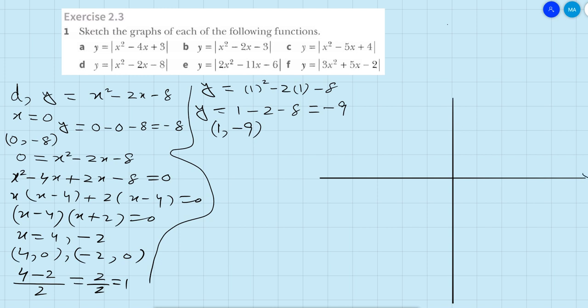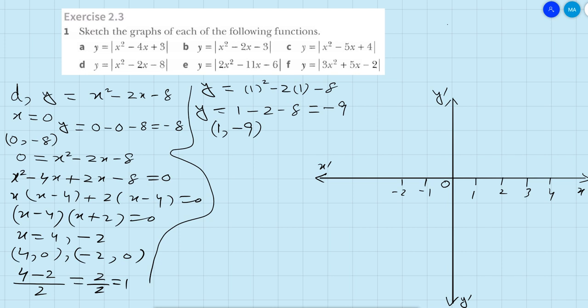This is positive x-axis, negative x-axis, positive y-axis, negative y-axis, and this is the origin. Take one square as 1 on the x-axis. This is minus 1 and this is minus 2.